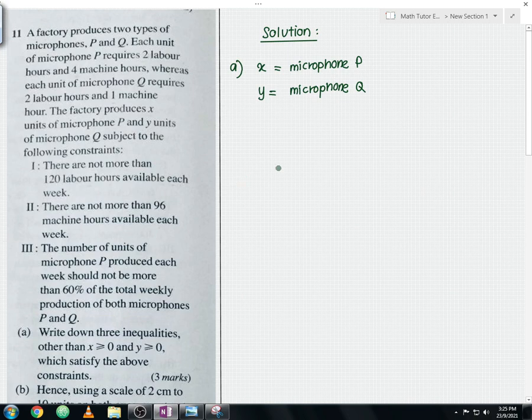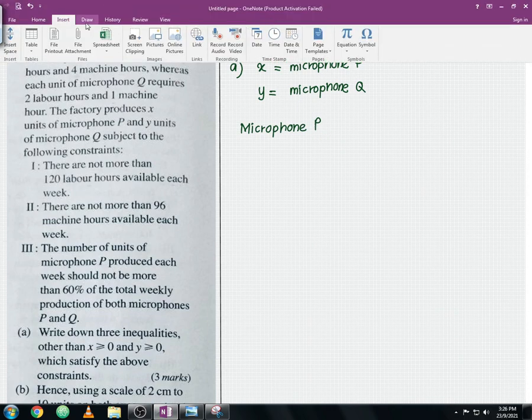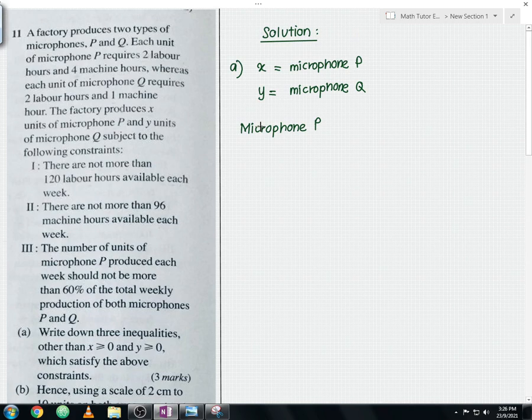Let us begin with microphone P. Let me underline this. It has 2 labor hours and 4 machine hours.